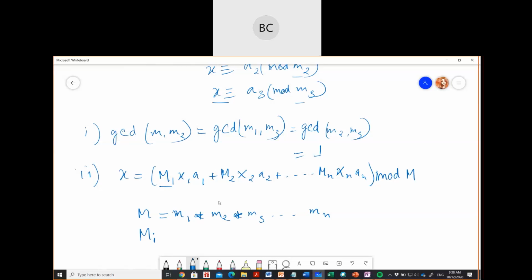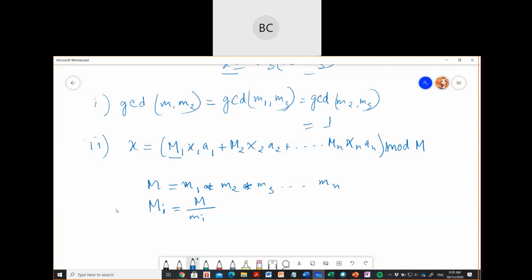Now we also need to find Mi. You can find Mi as M divided by the respective small m. The capital M is the product of all these m's, then Mi is the total M divided by the respective mi for everyone. For example, here M1 will be M by m1, so it will be m2 m3 for that particular equation.